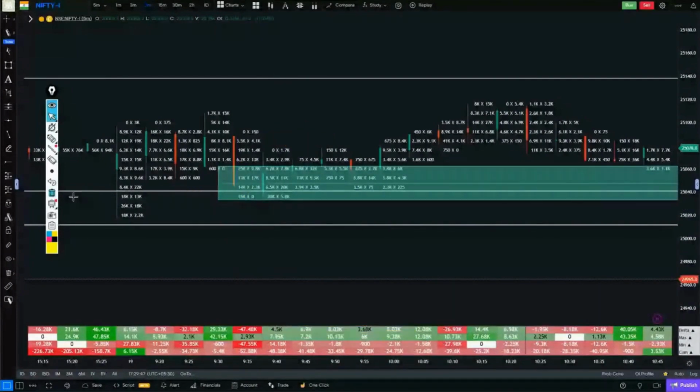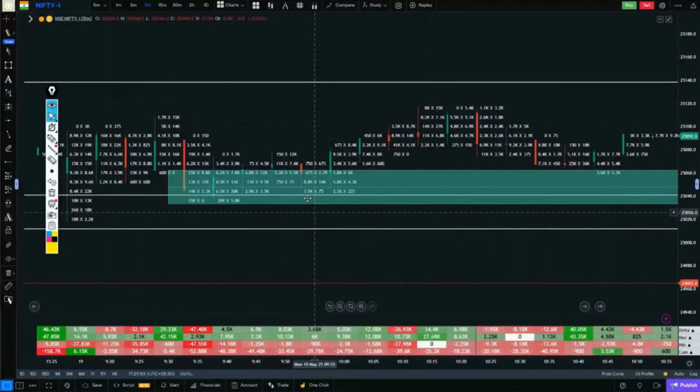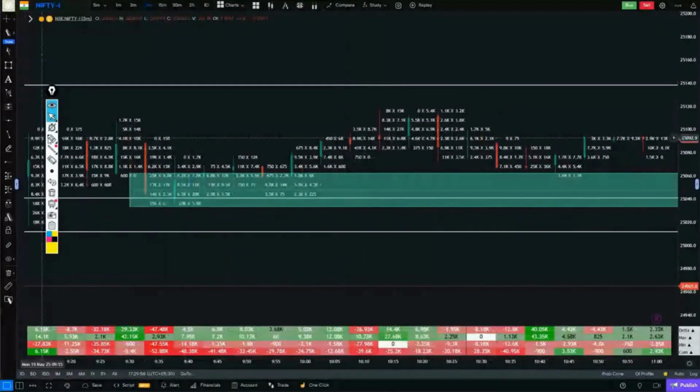There was a selling absorption, plus this is also the low area of yesterday's volume node, and there is no interest from sellers anywhere. It held up well. There was a slight pullback, and we also saw some movement on the upside.